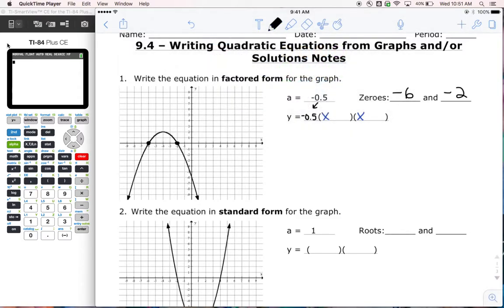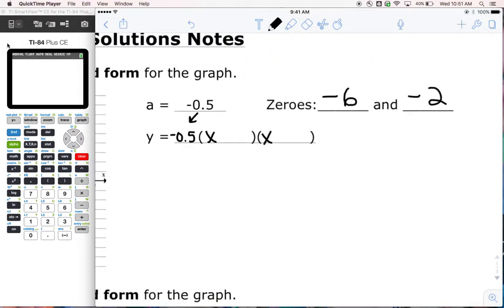Negative 6 is supposed to give me 0. When I use negative 6 as x, I'm supposed to get a 0. So how am I going to get a 0? If I put a plus 6.